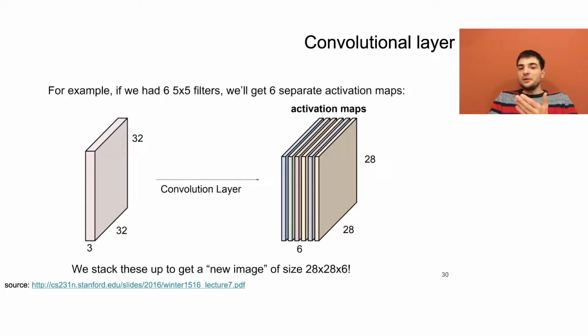We can have several filters, and different filters will give us different representations, different activation maps, and actually different channels of our updated, not already an image, but a hidden latent representation of the original image. And we, of course, stack them along the channel dimension. So we had a three-dimensional tensor on the input, and we preserve a three-dimensional tensor on the output. We just change its spatial dimensionality, so it's usually lower, and we may change the number of channels.